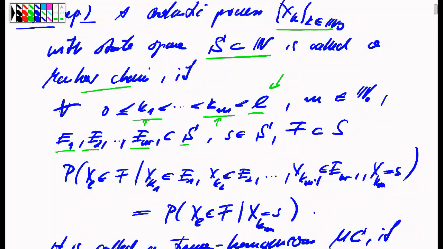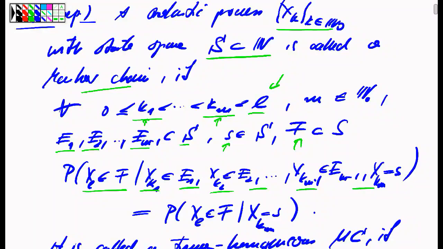And if at the latest of all these observation time points, Km, we have a single element observation set of states, which is then just one state, S, and if we fix an arbitrary future collection of states, so states which are supposed to be attained in the future, we then ask ourselves, what is the probability that at the future time point L, the process XL assumes states in this test collection of future points, conditional on the observations that we made.